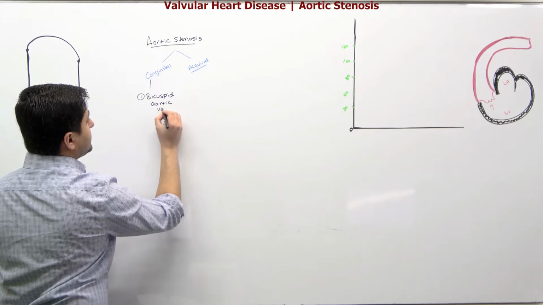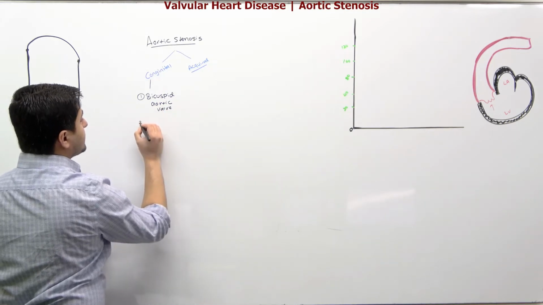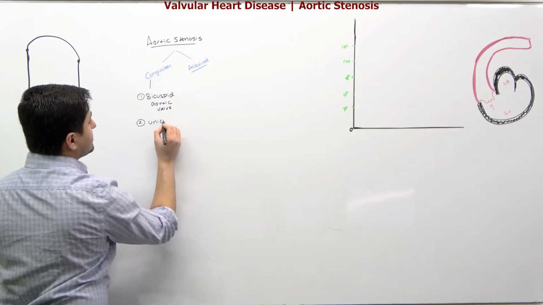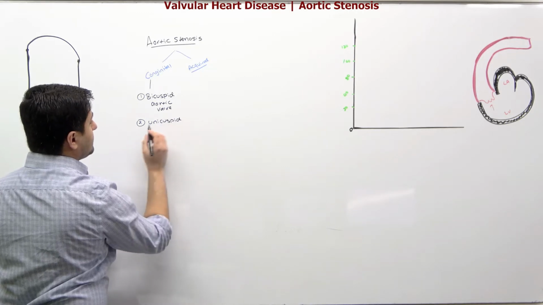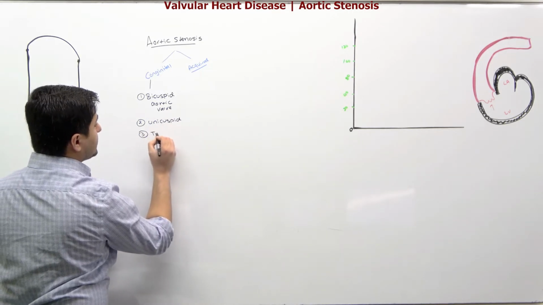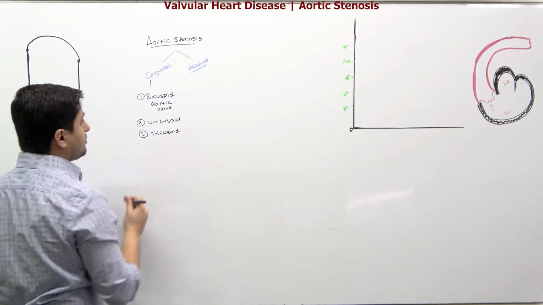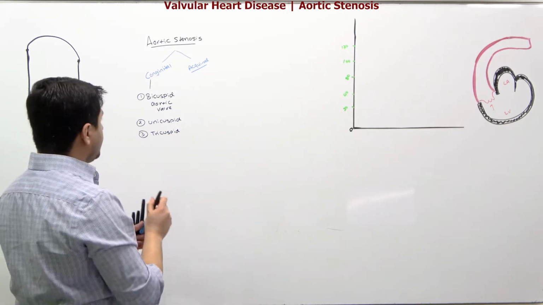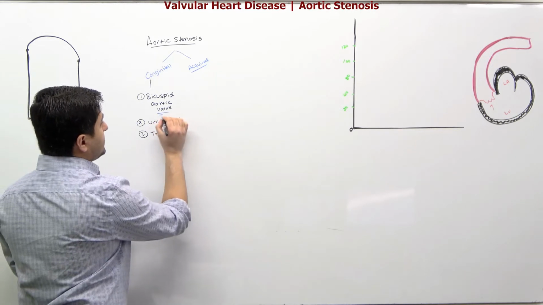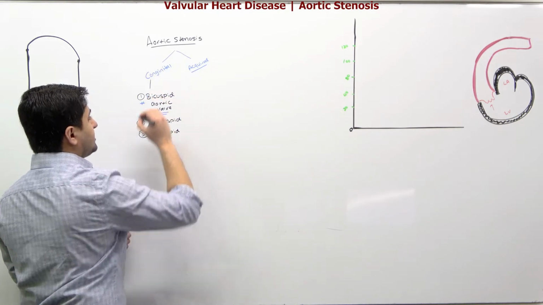There are other conditions too, for example unicuspid, or tricuspid or tetracuspid. But I really want you to remember one for your exam, and that is bicuspid aortic valve. This is very high yield.